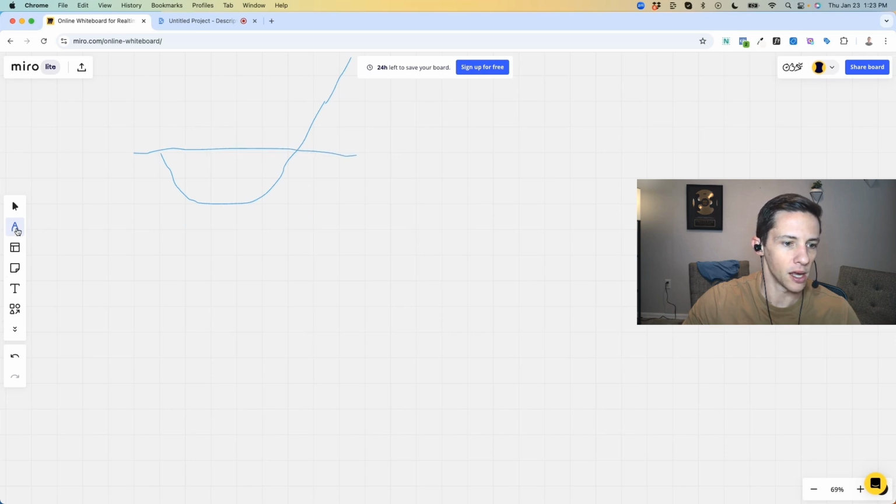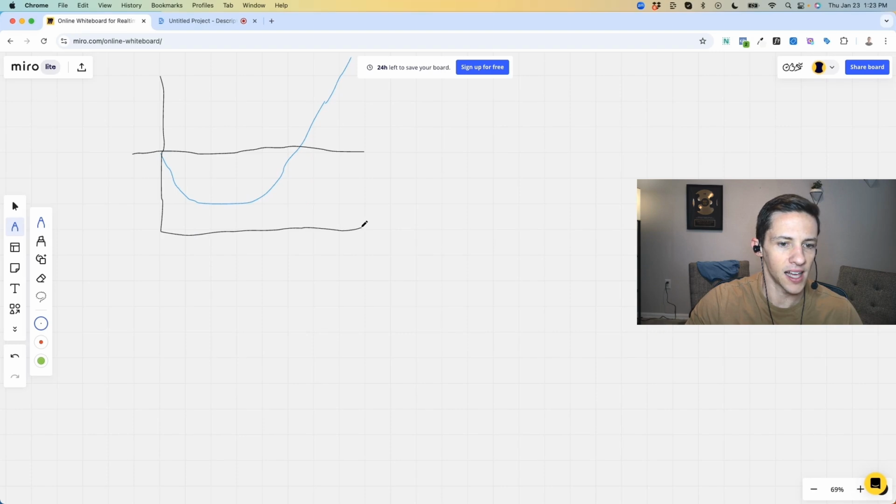So there's our break even line right there. The y-axis on the graph is profitability. The x-axis on the graph is time.